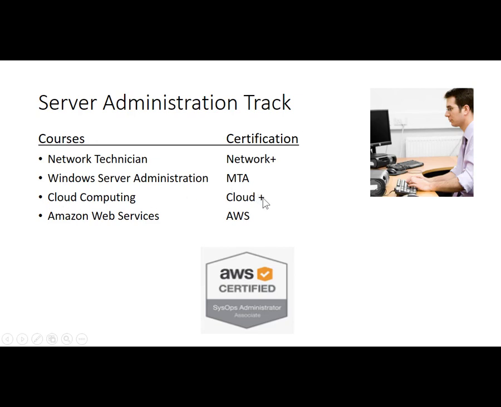Cloud Computing, and the Amazon Web Services certification, and that is what qualifies the server administrator to create and manage and configure all the servers located on Amazon Web Services. The server administration track culminates with the Amazon Web Services certification.